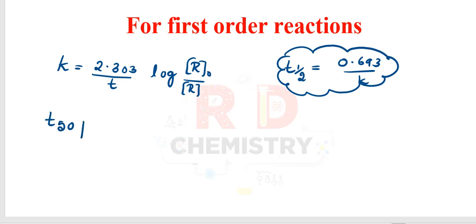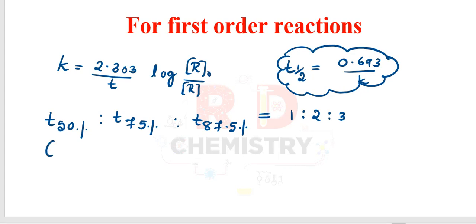T 50% is to T 75% is to T 87.5%. This is meant for first order reaction, in the ratio 1:2:3, right?